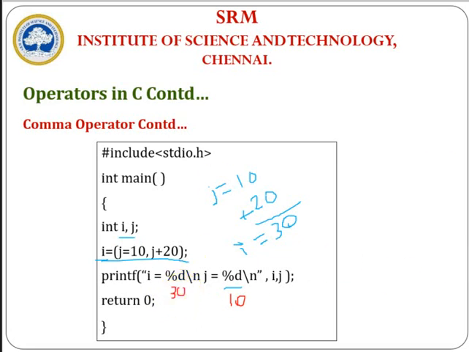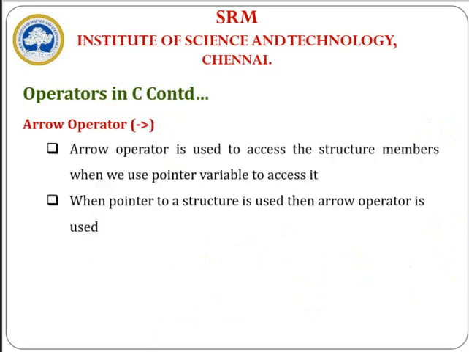When you execute this, you will get the output i = 30, j = 10. So the comma operator lets you give multiple expressions in a single statement.